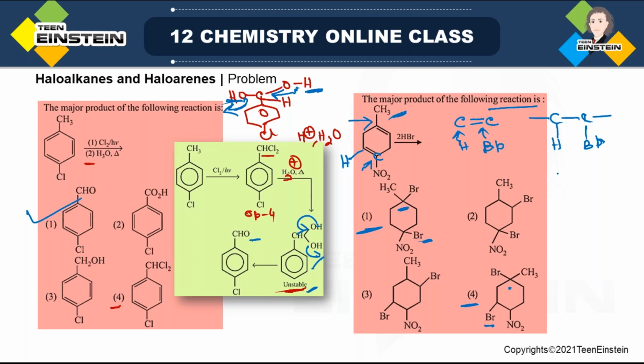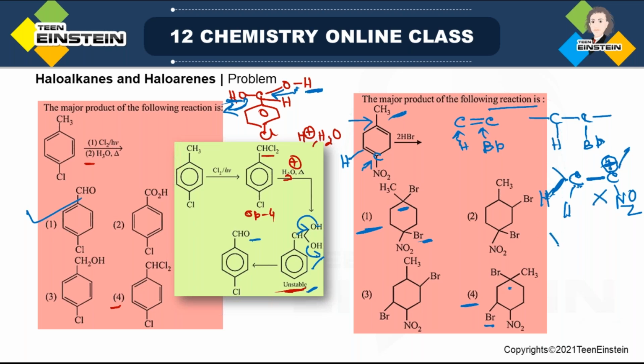Suppose I draw just this part of the molecule. If protonation occurs at the carbon which is already attached to hydrogen, then positive charge will be generated at the carbon which contains the NO2 group. But because of this electron withdrawing effect, this carbocation is not stable at all.